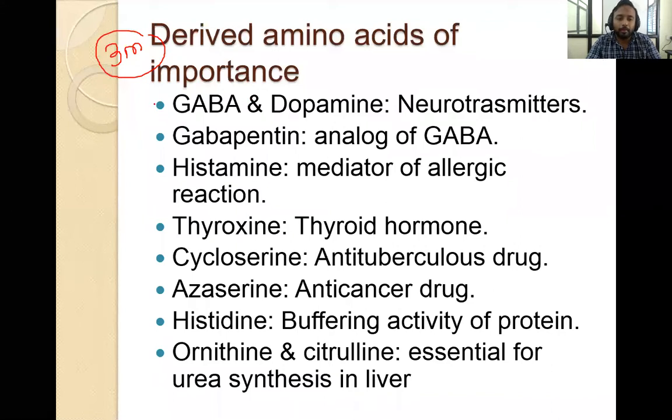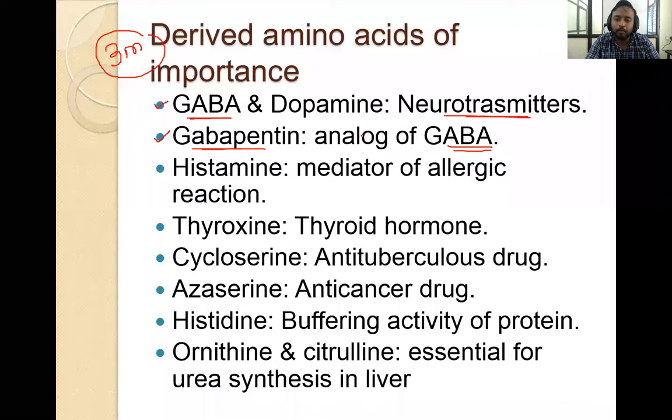At least you should be able to write 3 to 4 of these, like GABA, gamma amino butyric acid, and dopamine. They both are neurotransmitters, meaning they help in the transfer of neuronal signals. Second example, gabapentin. It is an analog of GABA.